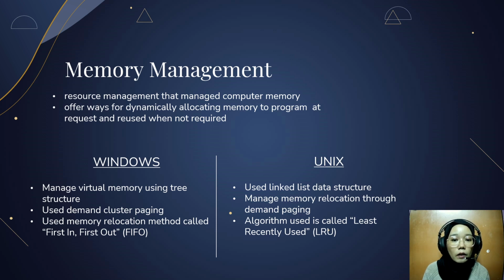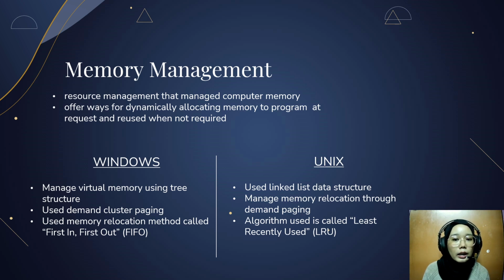The differences in memory management between Windows and Unix are: firstly, Windows manages virtual memory using a tree data structure, where the tree has nodes and each node is called a virtual address descriptor, or VAD. Each node in the tree is labeled as either free, reserved, or committed virtual memory by the VAD.